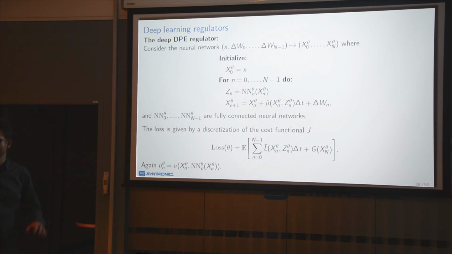And instead of trying to make these forward and backward equations satisfy the terminal condition, we just hit the cost functional directly, discretize it. So this is like a Riemann integral, a numerical integral. So we want to find this function which generates the best control in terms of the cost functional.